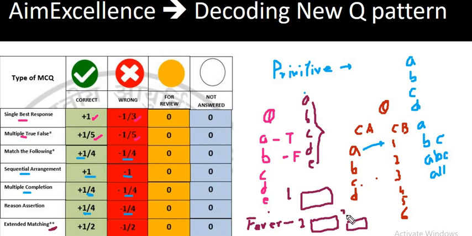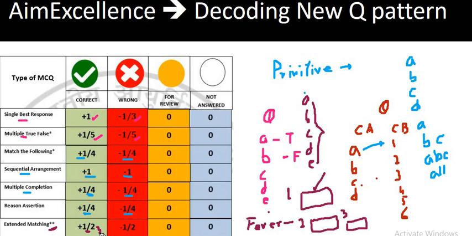If you find it correct, then you are going to get +1/2. If there are 2 options, then you are going to get +1/2. If there are more options, it can be +1/3. If there are 3 options, each and every option is going to be marked individually here also.